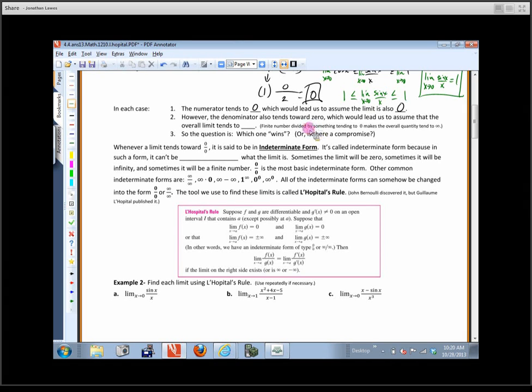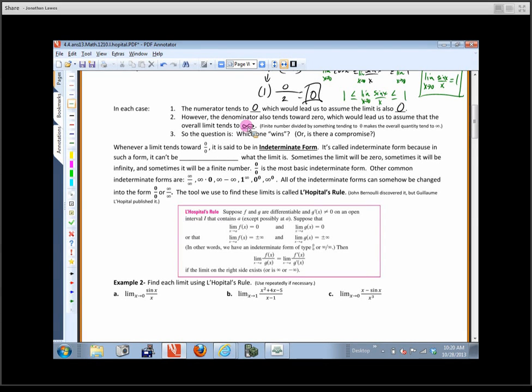And what usually happens if the denominator tends towards 0? It's getting smaller and smaller and smaller. A lot of times the overall limit turns out to be infinity, right? Because if you've got a number divided by something that's getting smaller and smaller and smaller, the overall quantity gets larger and larger and larger, okay? So the limit tends toward infinity, okay?